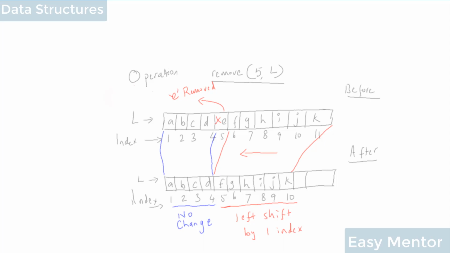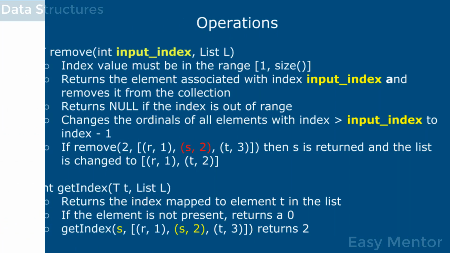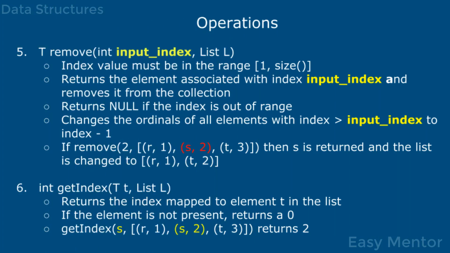So for remove it will be decremented, for insert it will be incremented. Similarly, if you're inserting, the total number of elements changes and it is incremented by 1. For remove, the total number of elements in the list changes, and that's nothing but the previous size decremented by 1.